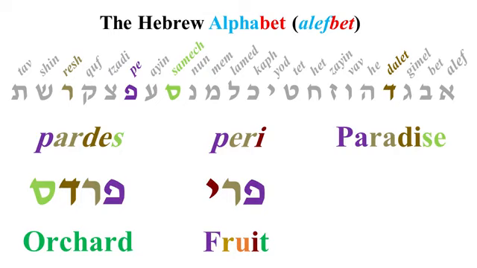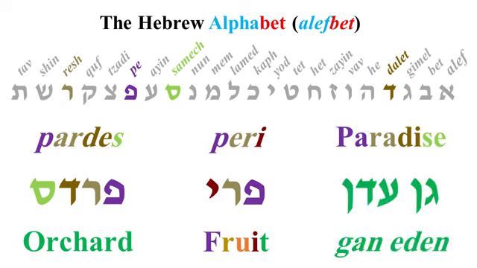There's a P, and there's an R, and there's a D, and there's an S. Paradise comes from Pardes, orchard, which is like a garden. Okay? He planted trees there, it said. So the Gan Eden, the Garden of Eden, is a paradise, Pardes.